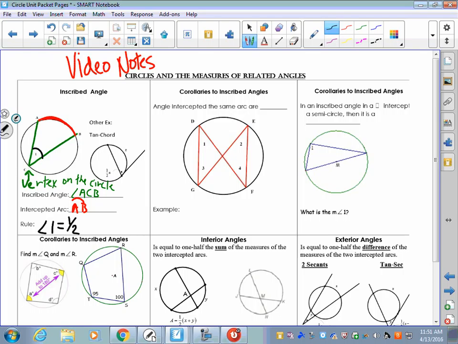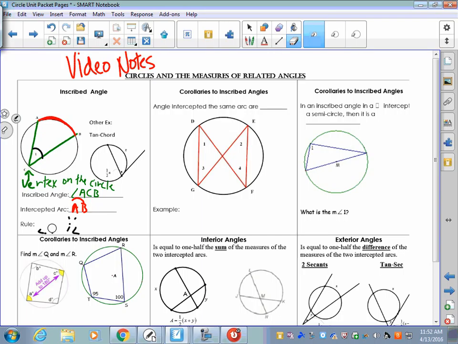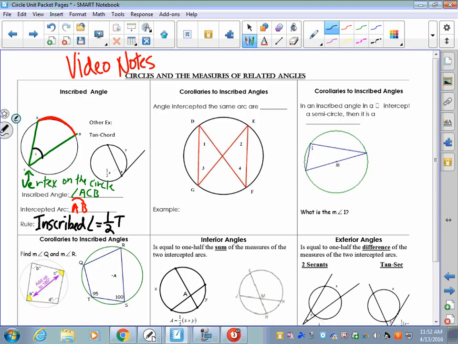Let's write out the rule: the inscribed angle is half its intercepted arc. So basically this angle 1 is half the measure of arc AB.